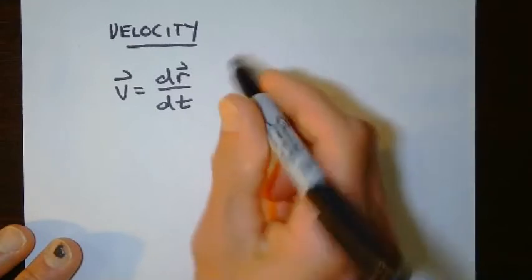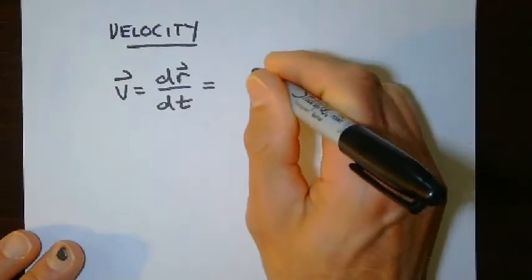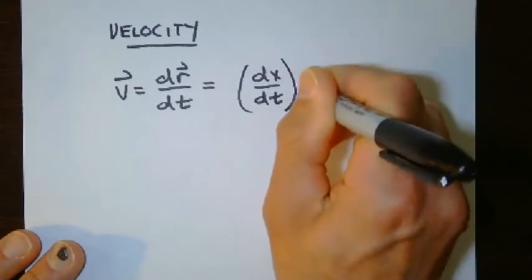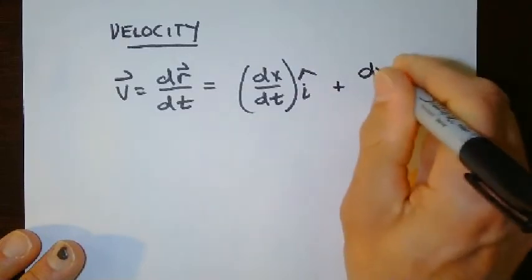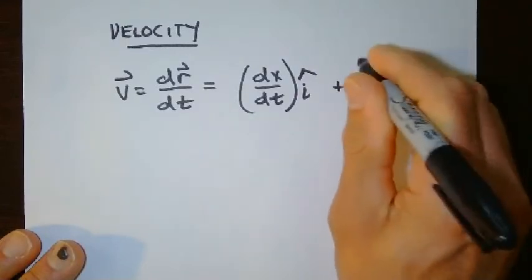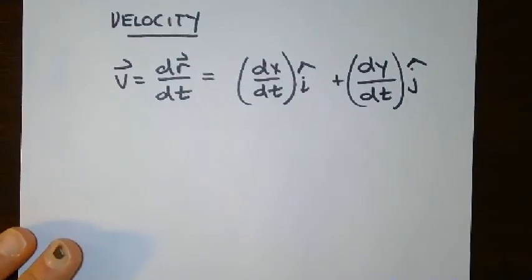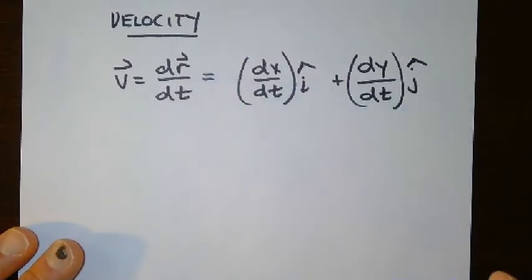So what does that look like with unit vector notation? What that's going to look like is the derivative of the x piece in the i hat direction plus the derivative of the y piece in the j hat direction. And so that's how you find velocity if you know the position vector in unit vector notation.